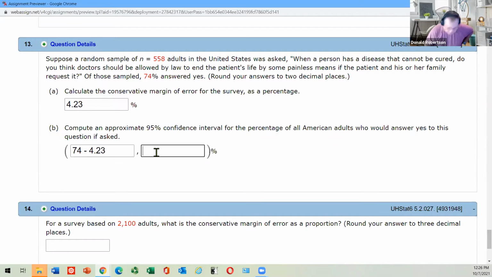And on the other side, it's going to be 74 plus 4.23. Although I haven't calculated those numbers, very roughly, isn't it somewhere between 70 and 78%?